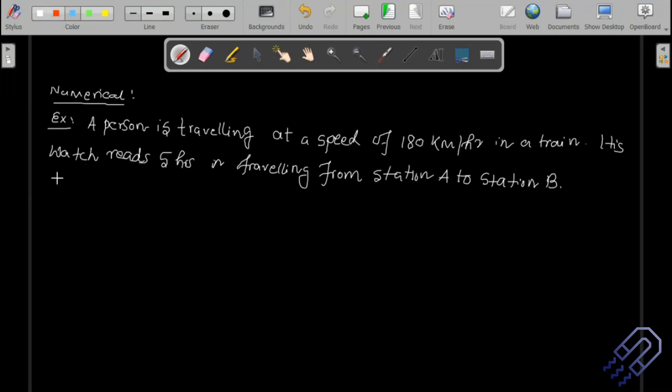The first part of the question is, as per the station watch, how much time did the train take to travel?